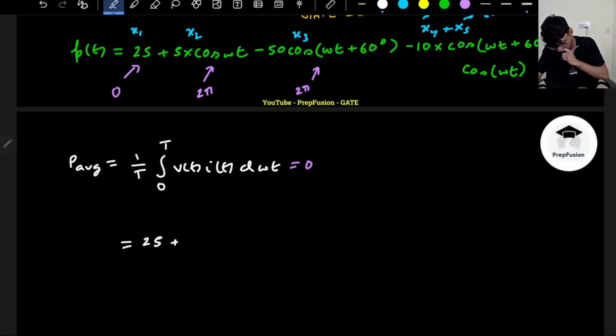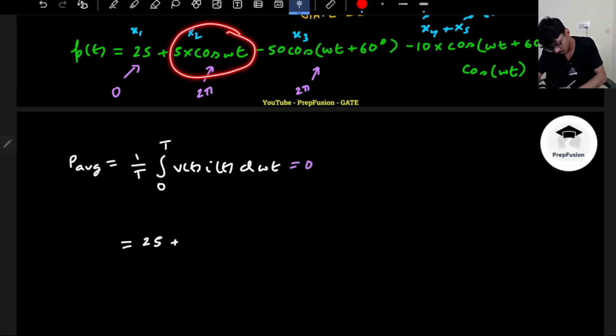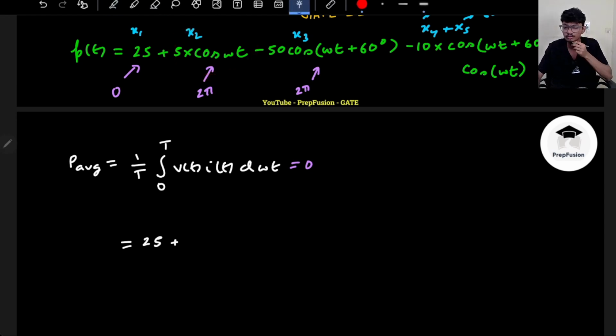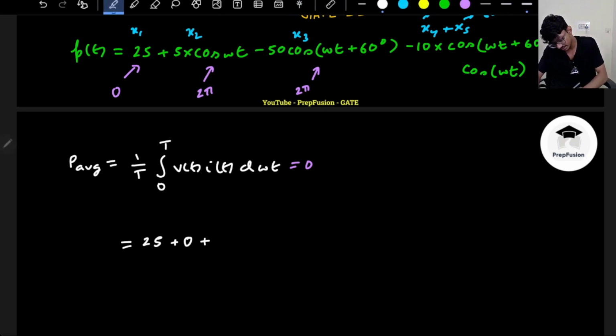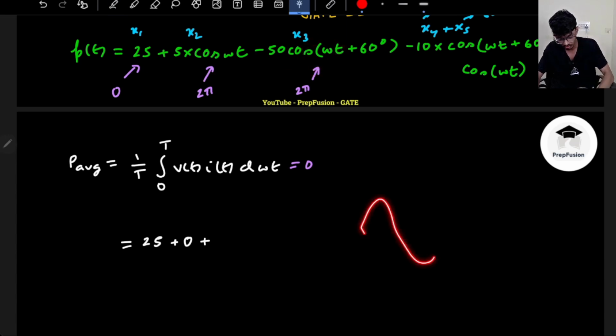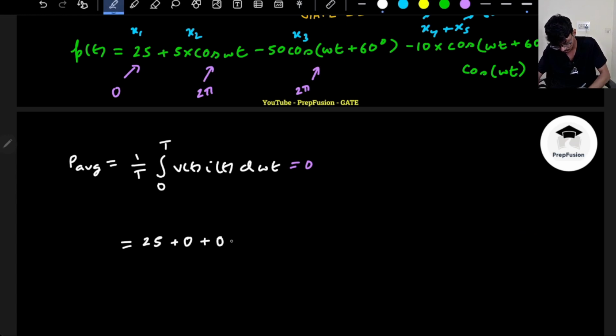What about the other terms? What is the average of this cos omega t? What is the average of a cosine or sinusoid? 0. The average of a cosine or sinusoid is simply 0, so it goes away. Over a period the area is 0.